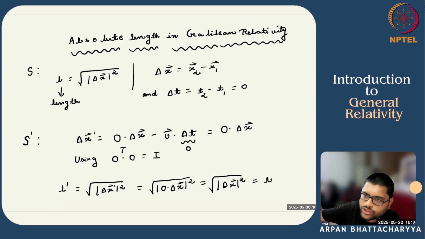You will see that O transpose times O will come and be set to identity because O is orthogonal, and you will see that this is equal to L, and that pretty much makes sense, because you know that in this context, if you rotate, the length of the vectors remains invariant. So we will stop here, and thank you for listening.